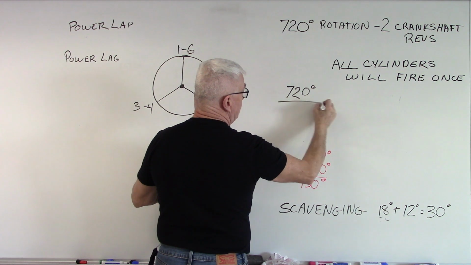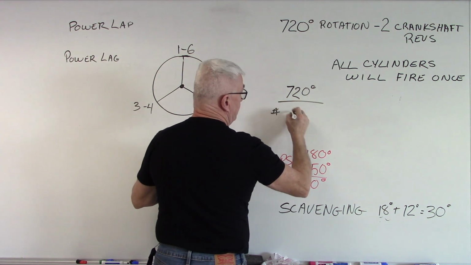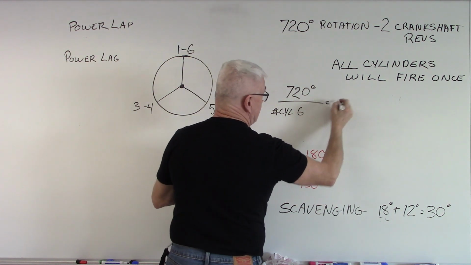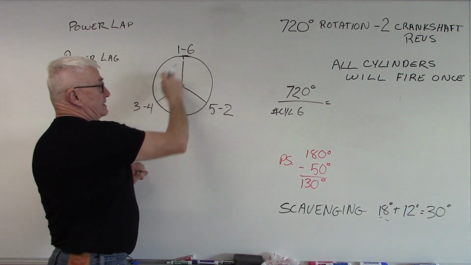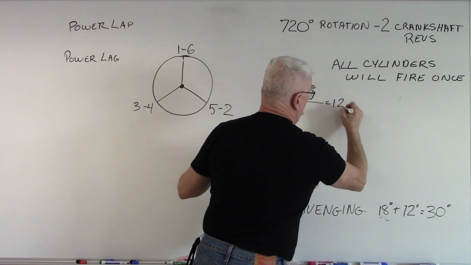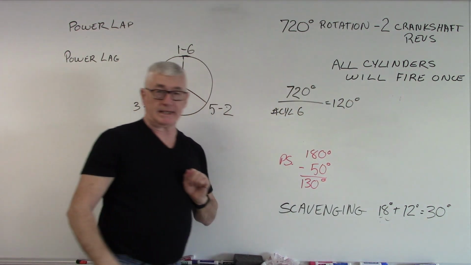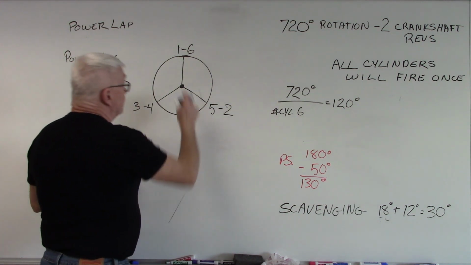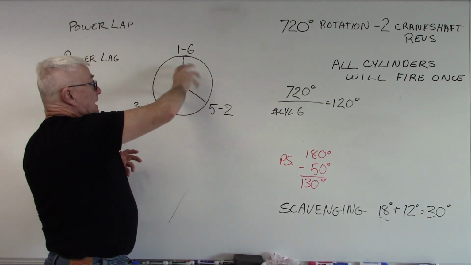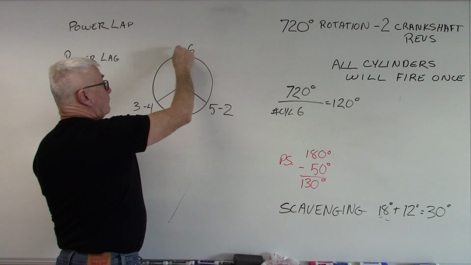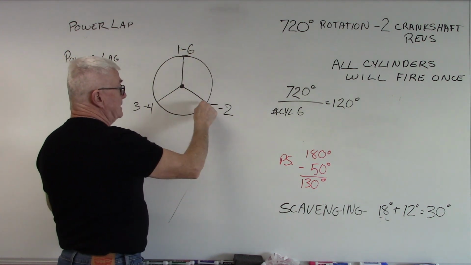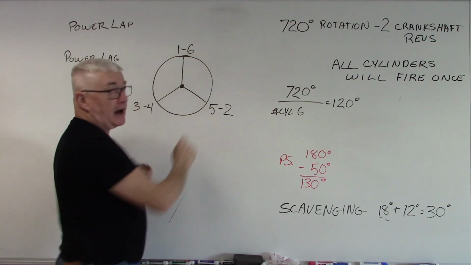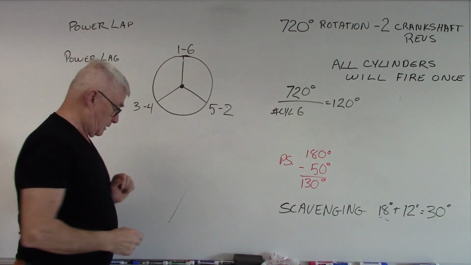720 degrees, and we divide it by the number of cylinders, in this case 6, which means that the spacing around this is going to be 120 degrees. That means that as my crank is rotating, 120 degrees after number 1 begins its power stroke, number 5 will begin its power stroke.